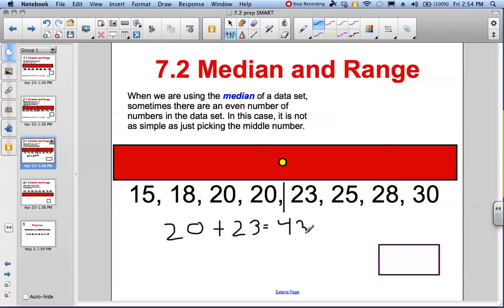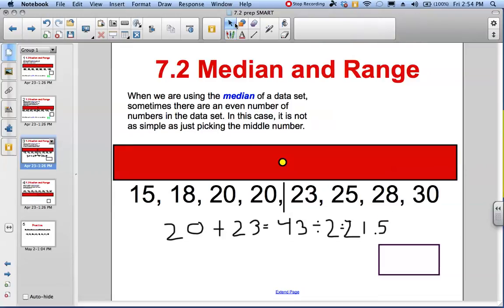And then to find what would be right in the middle, we divide it by 2. Basically what we're doing is finding the mean of the two numbers. And what is right in between those two? Well, 43 divided by 2 equals 21.5.